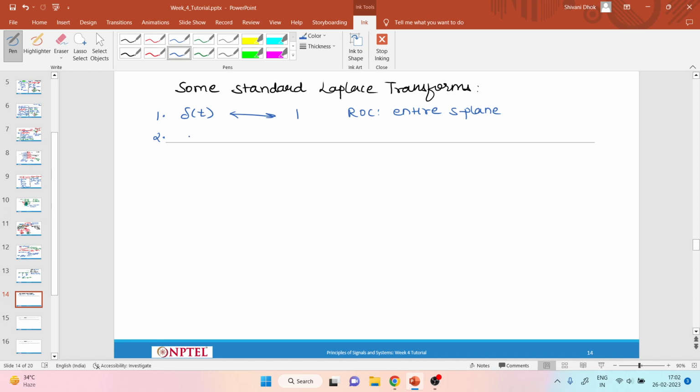The next one is unit step function. So this has a Laplace transform of 1 by s, and its region of convergence is real part of s greater than 0. The third one is the exponential, that is e power minus at u of t, and this has a Laplace transform of 1 upon s plus a, and it has a region of convergence of real part of s greater than minus a.